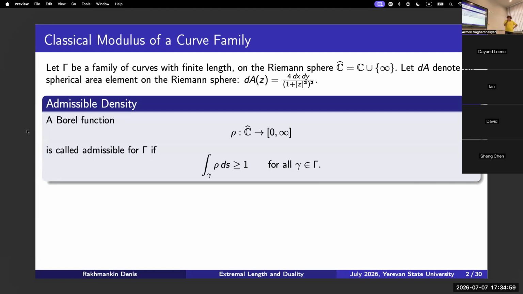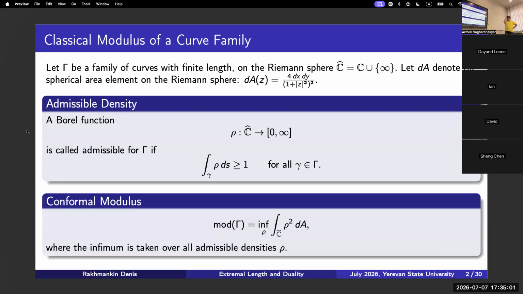So if we use this definition, we may define extremal length, or 1 divided by extremal length. It's the modulus. It's the smallest energy over all admissible densities, which calculates how hard it is to block the family of curves.